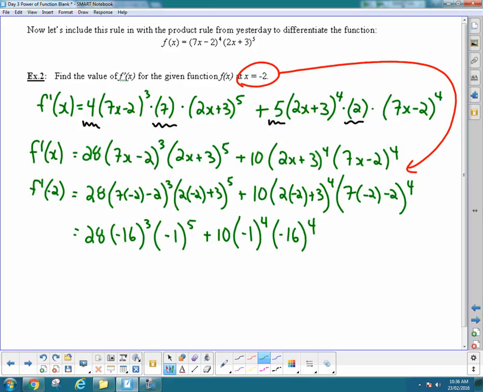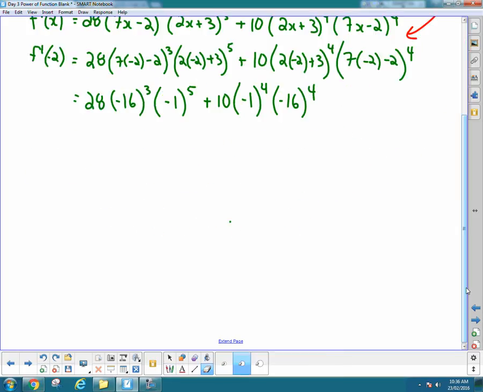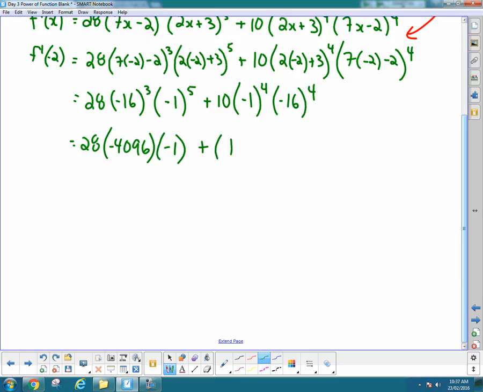This is going to result in a couple of big numbers here, but we can handle that. Negative 16 to the power of 3 off the top of my head is negative 4,096. Negative 1 to the power of 5 is going to stay negative because it's raised to the power of 5. Negative 1 to the power of 4, however, is going to be positive 1. And negative 16 to the power of 4 is also going to be positive, and I believe it's about 65,536 if I remember my 16 times tables correctly.